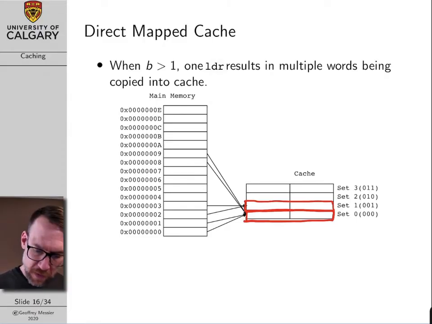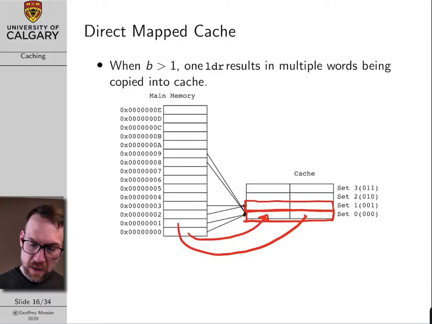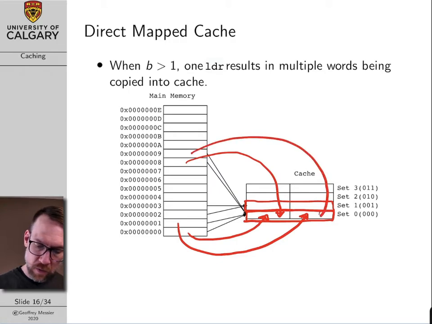And specifically, I sort of drew these arrows as both words going to the same set, which is true. But really what happens is this first word is mapped here, and this second word is mapped here. This first word would be mapped here, and this second word would be mapped here.